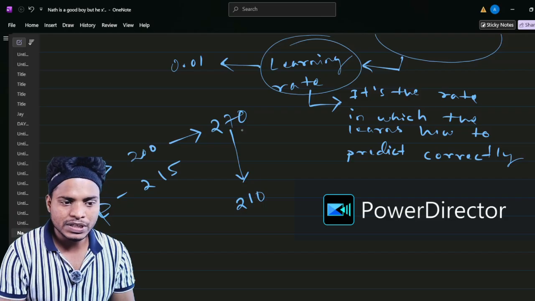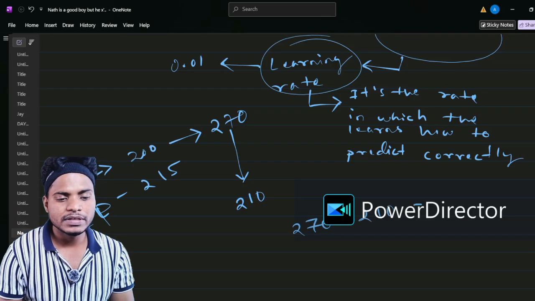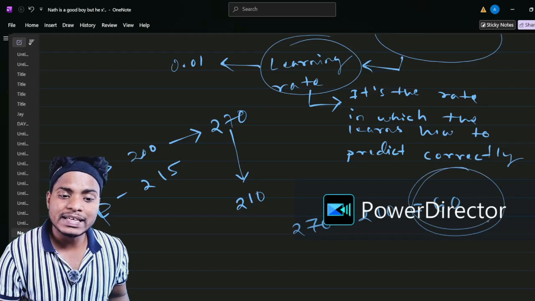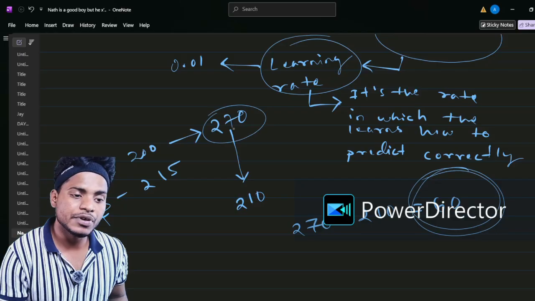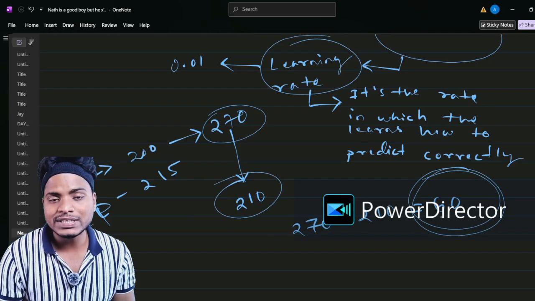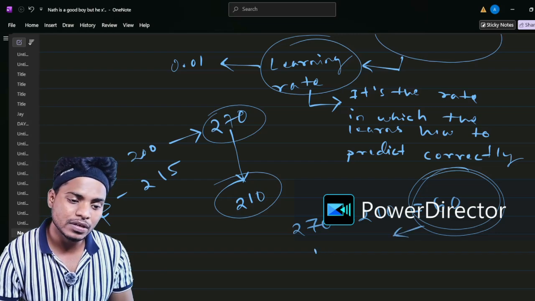So what is the error? 270 minus 210, that means 60. Oh my God. So if there is a mismatch between prediction and reality, to reduce that error, we have something called learning rate.